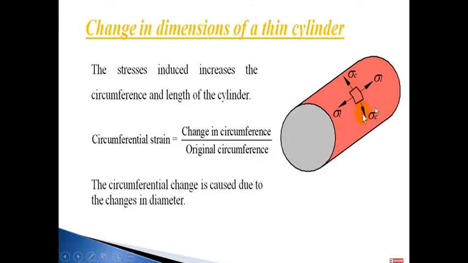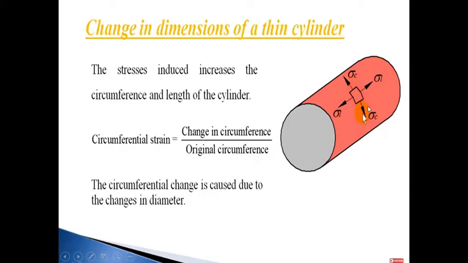The sigma C stress will be acting on the circumference, so we have named it circumferential stress. Listen, the stress introduced increases the circumference and length of the cylinder.